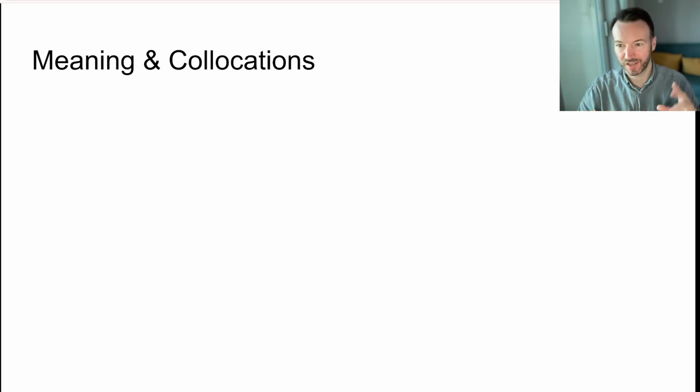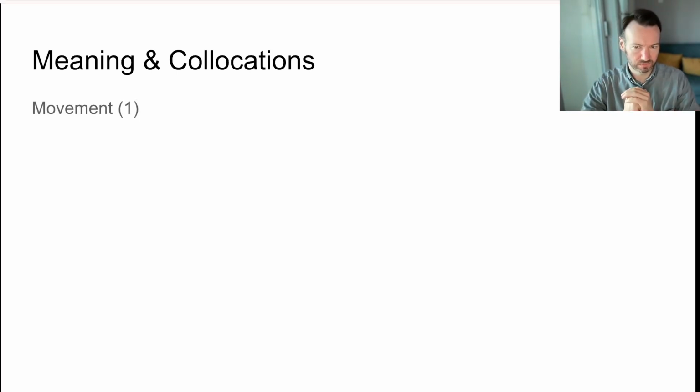The first one is a very good example of that, which is the word movement. Your first idea is probably movements, like moving arms, moving the body. However, take another look. In paragraph 1 of the reading, take another look at movement and think about what it means specifically for this context.